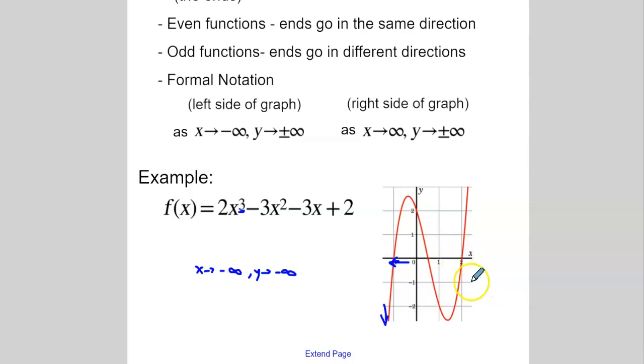And then on the right side of my graph, x is going positive, and notice that y is also going positive. So same thing, except now they're both positive. So x is approaching positive infinity as y is approaching positive infinity. So you would write one of those statements for each side of your graph.